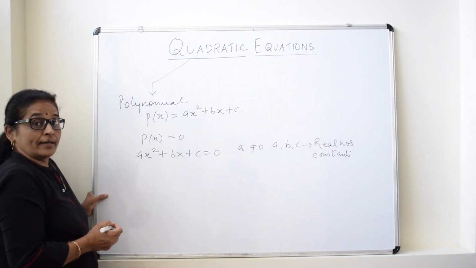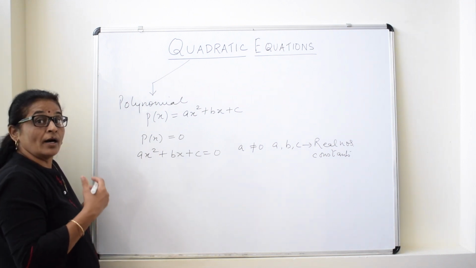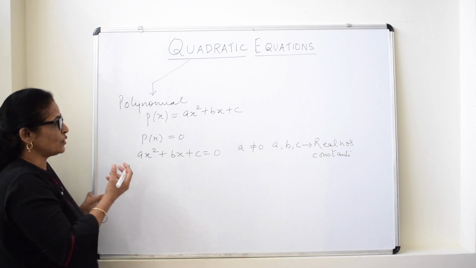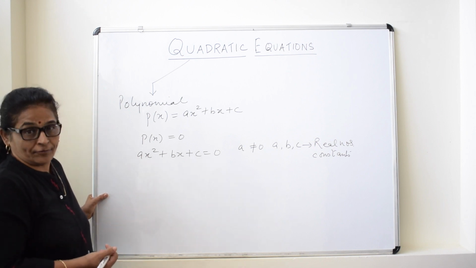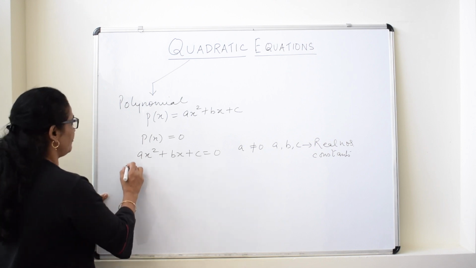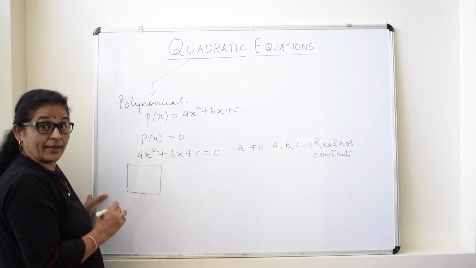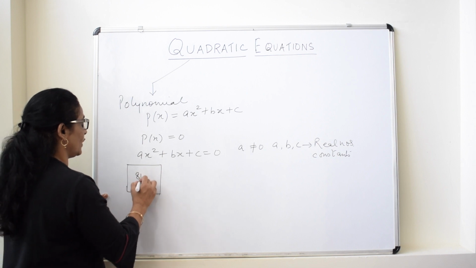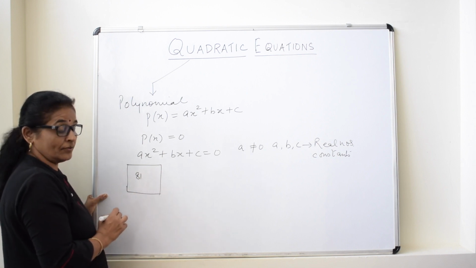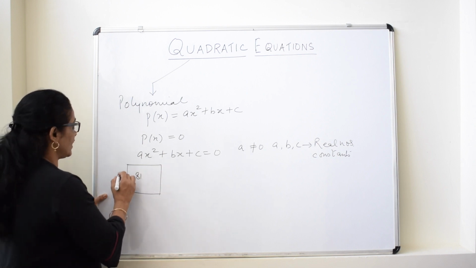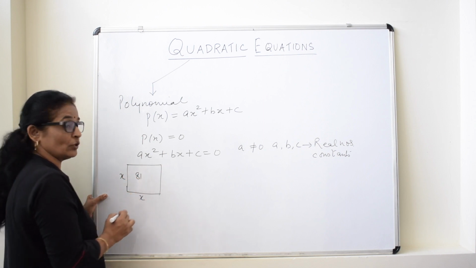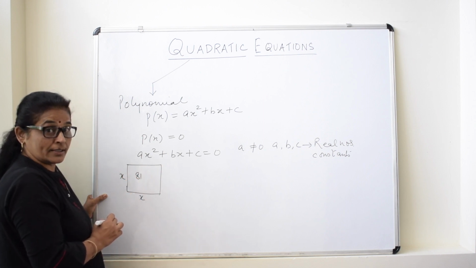Now, how are we getting this quadratic equation? It is also related to day-to-day life. For example, if we take a square and its area is 81 square meters, we don't know the side of this. We can assume the side as x. We know that in a square, all the sides are equal.